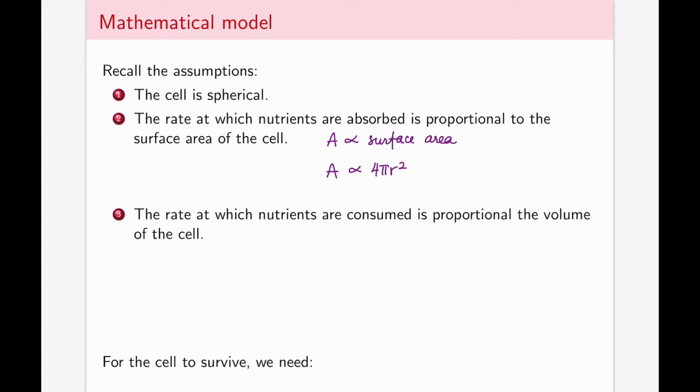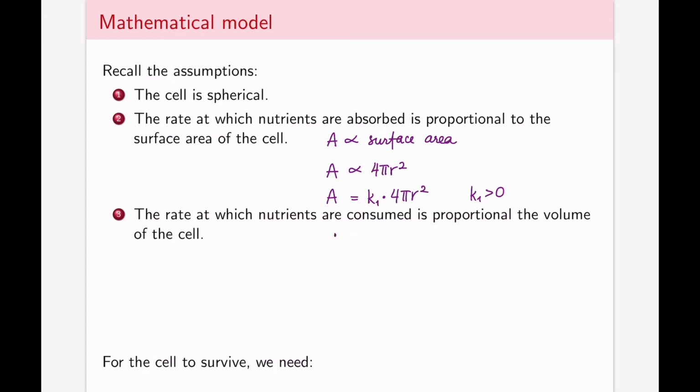Because we're going to be working with balancing and therefore want to see equations, we should turn this proportionality relationship into an actual equation. Remember that proportionality means that the first quantity is a multiple, with some kind of proportionality constant, of the second one. So this proportionality constant K1 is going to be greater than 0. On the other hand, we also assume that the nutrients are consumed at a rate proportional to the volume.